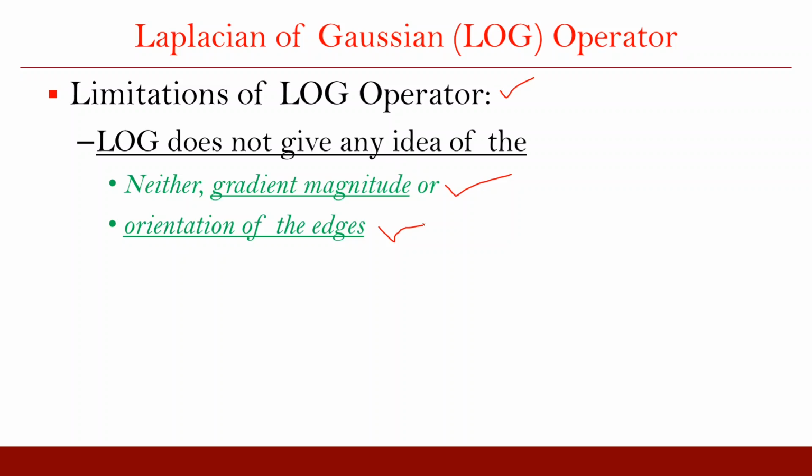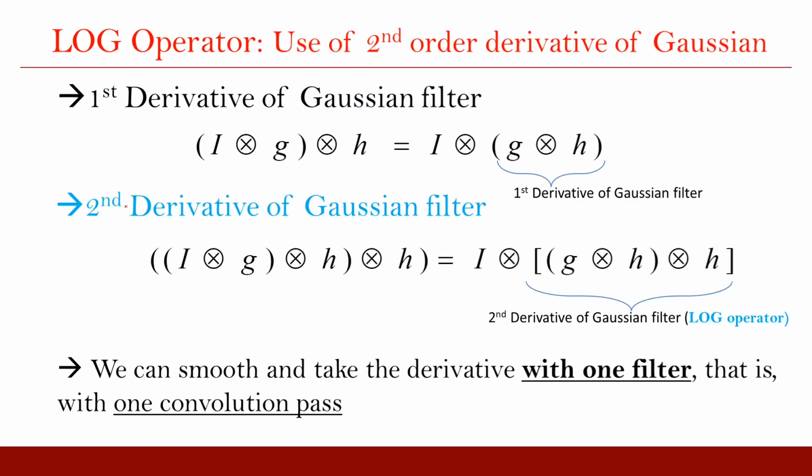You can detect the edge, but you cannot find out how strong that edge is and what is the direction of the edge. These two things cannot be obtained using any operator based on the second derivative. And since Laplacian is based on the second order derivative, you are not able to detect those two things here.